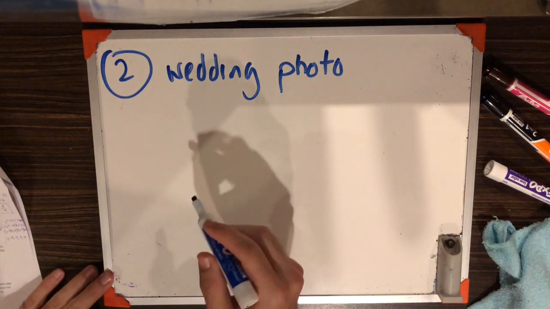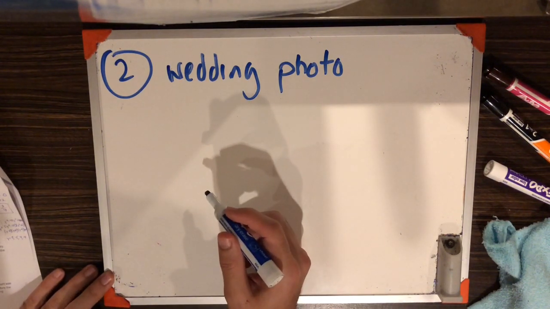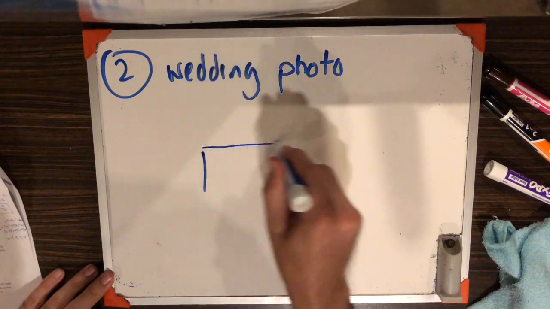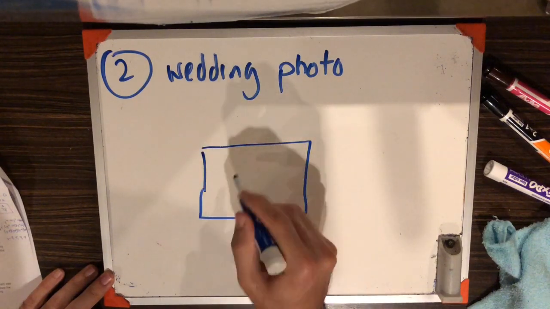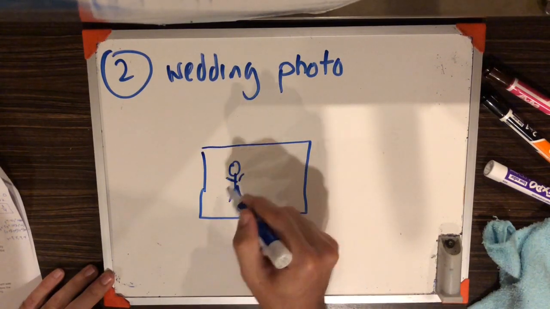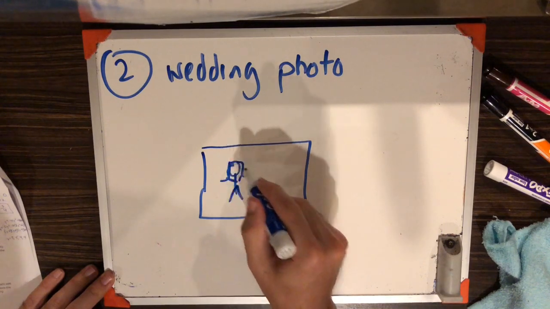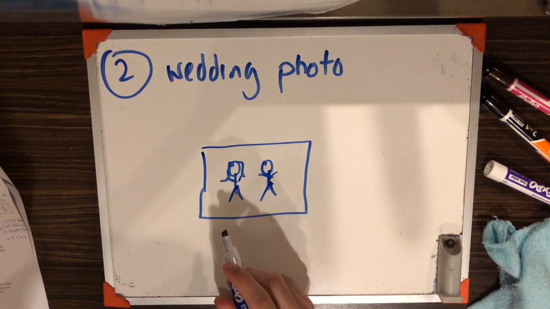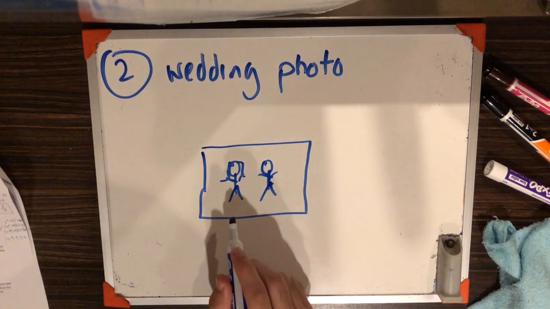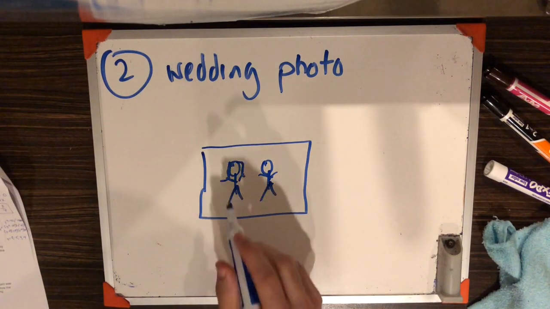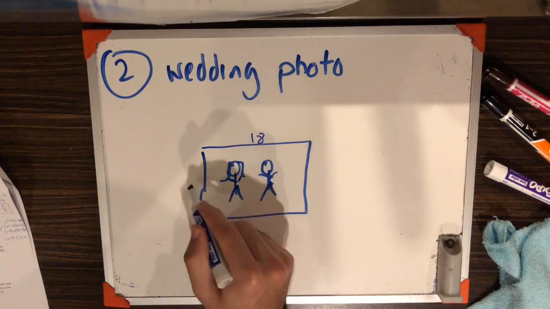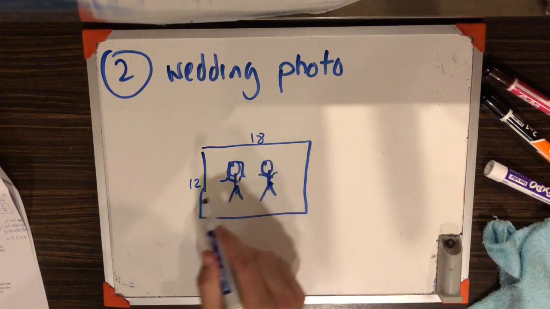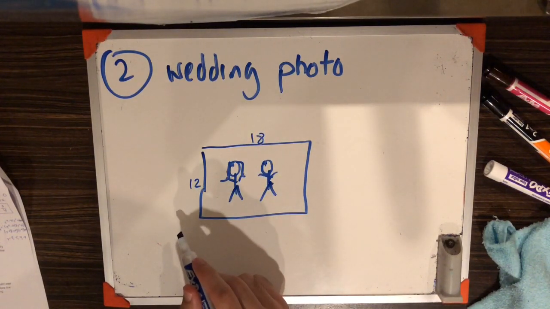So what it's saying is, for number 2, there is a wedding photo of the bride and the groom. This wedding photo is a glass plate, and it says it's 18 by 12. The length is 18, the width is 12.